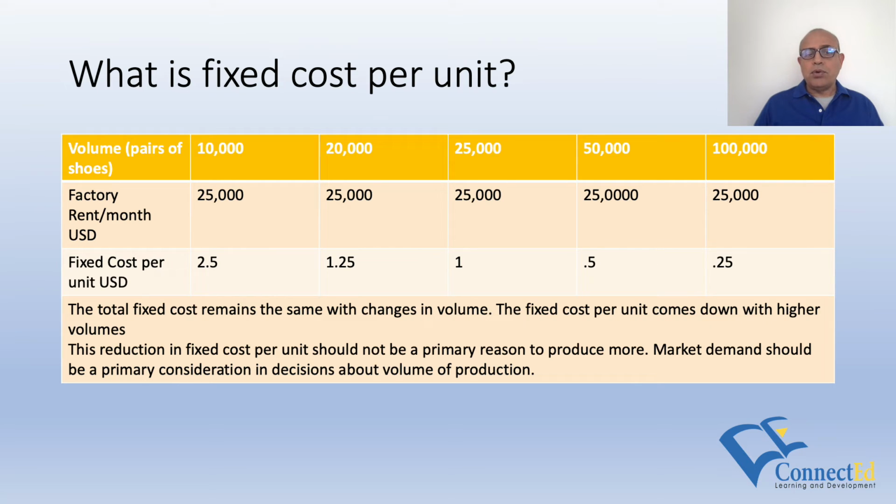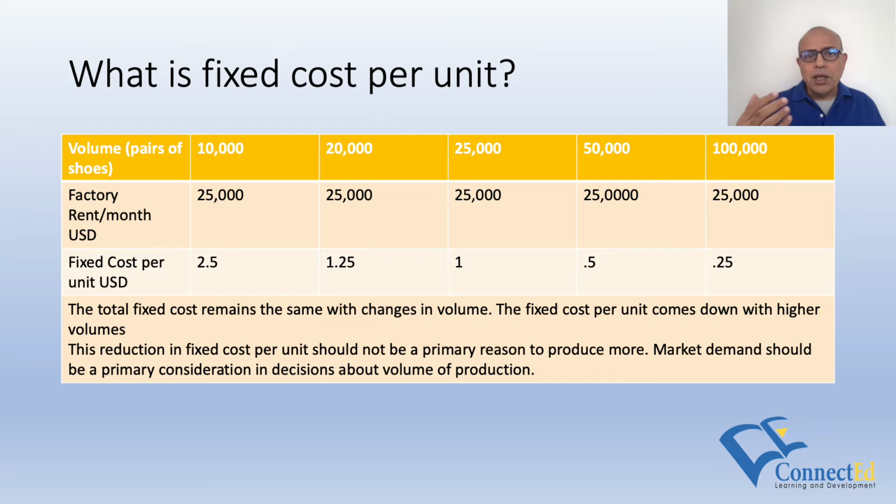But if the volume of output is 20,000 units, the fixed cost per unit comes down to 1.25. Note that the total amount of the fixed cost still remains the same at 25,000. That's not changing. And therefore, the fixed cost per unit might seem to reduce with the increase in volume.